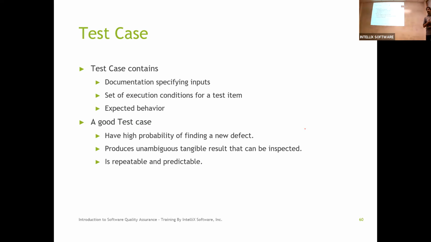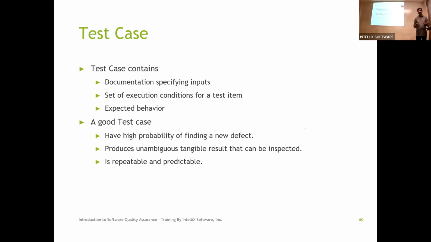For example, let's say I'm testing the electrical system and I turn on the switch. I should know exactly what turning on that switch is going to give me as a result, whether the light is turned on or not. But if I turn on that switch and I cannot say whether the light is turned on or off, I can't test it.